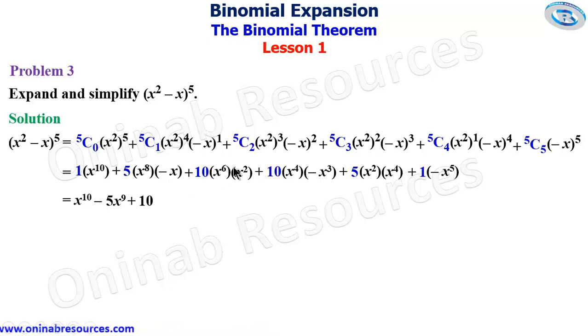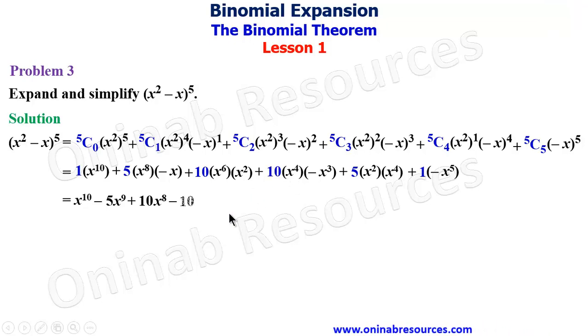X raised to power 6 times x raised to power 2. You just add the indices to give you x raised to power 8. Then minus, because minus times plus will give us a minus 10 x raised to power 7. 4 plus 3 gives 7.